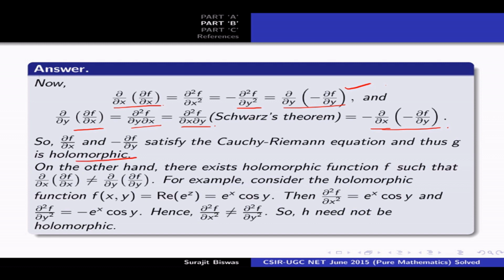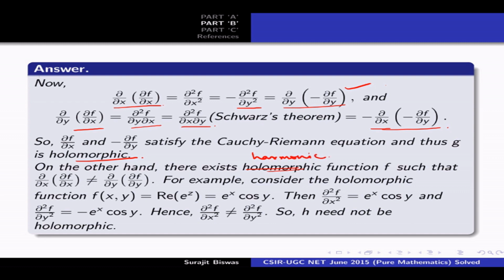On the other hand, there exists a harmonic function, sorry, it is a typo.